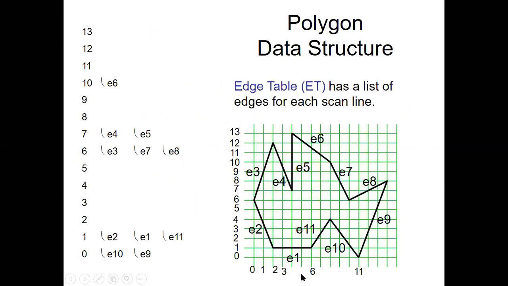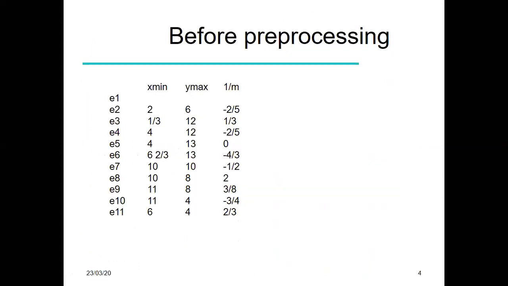Please write it as x min, y min, x max, y max. You will get to know that x min is 2 and y max is 6. Calculate m, that is y2 minus y1 by x2 minus x1. You will get minus 5 by 2. So 1 by m will now become the reciprocal of it, minus 2 by 5.